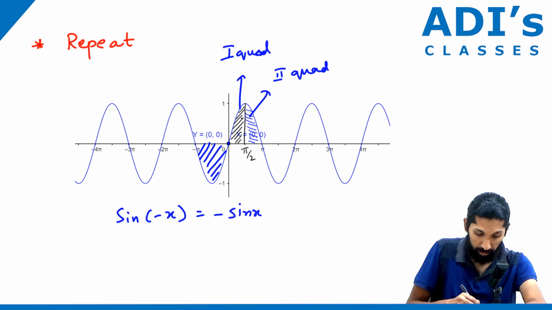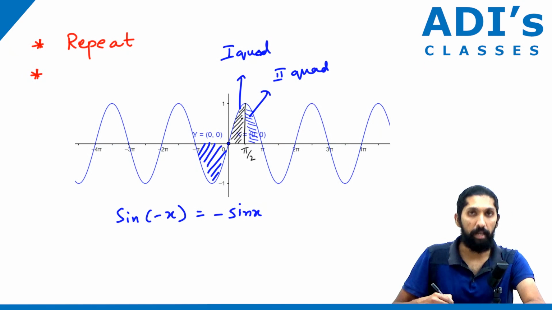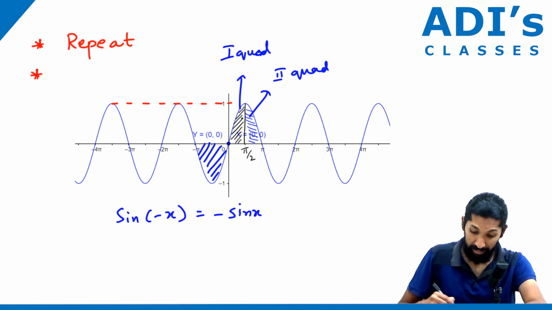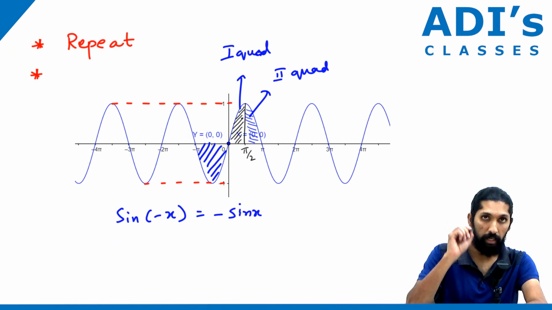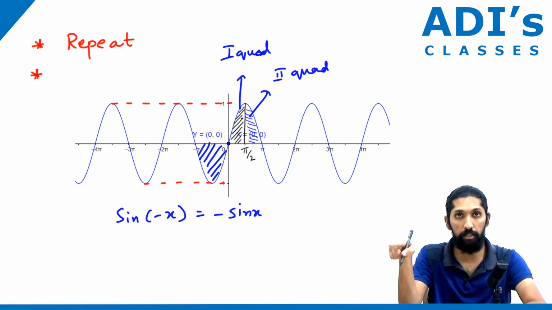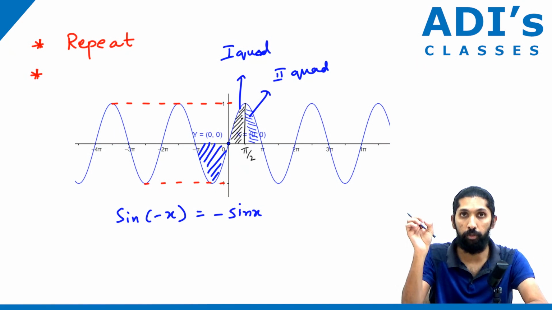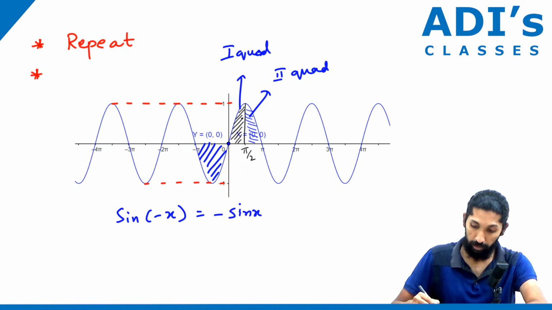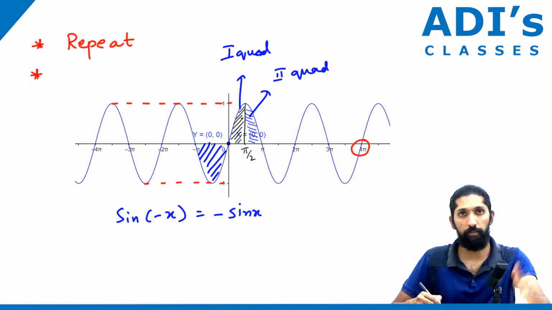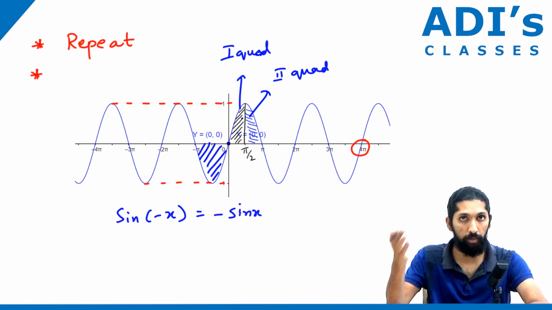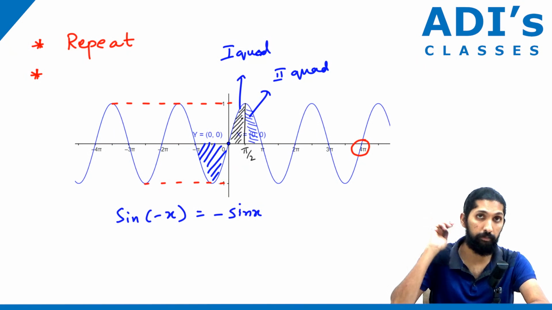The second important point is the maximum value. Whatever point you take, the maximum is 1 and the least value is always -1. That means the sine function ranges from -1 to +1, always, irrespective of the value you have. Even if we look all the way to 4 pi, 5, 6, 7, take 1000 pi also, the value is not going to be more than 1 or less than -1.